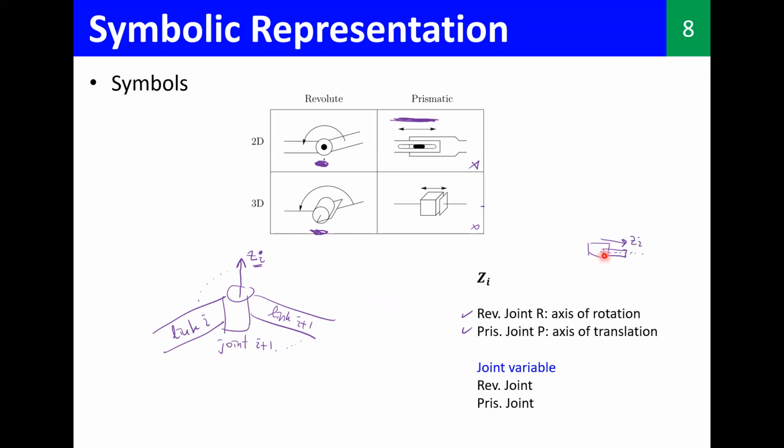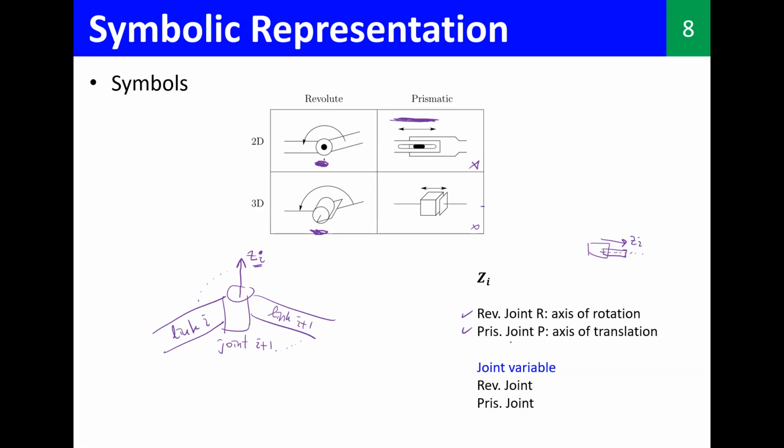And also in the translational case, the prismatic joint, we can use some mechanism to actually achieve this motion. Therefore, what we have here is a variable. If it is a revolute joint, we are going to have a joint variable theta.